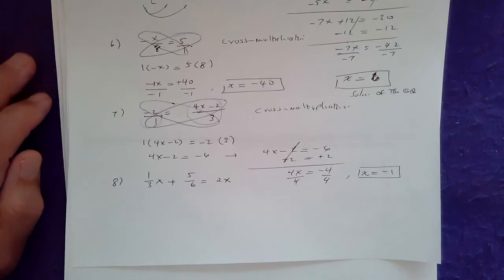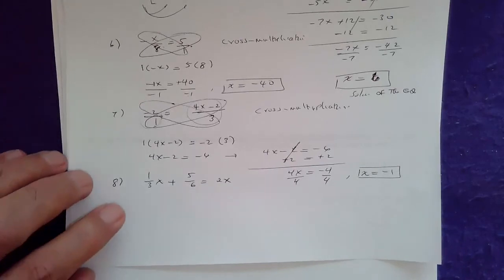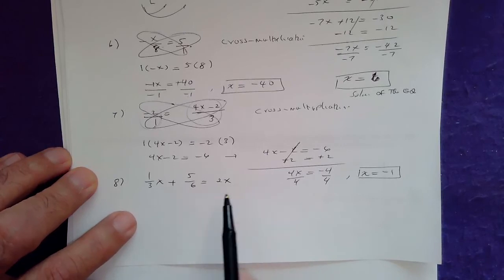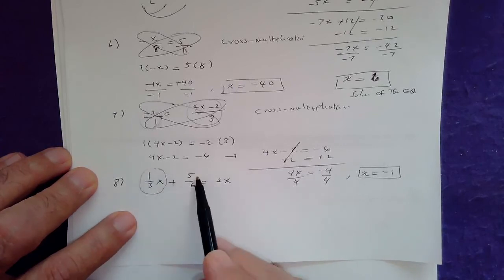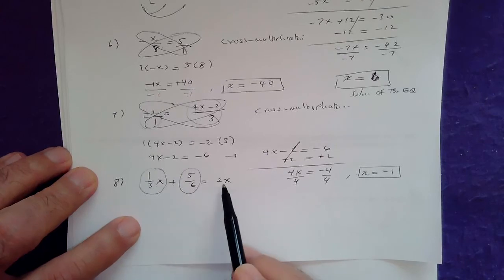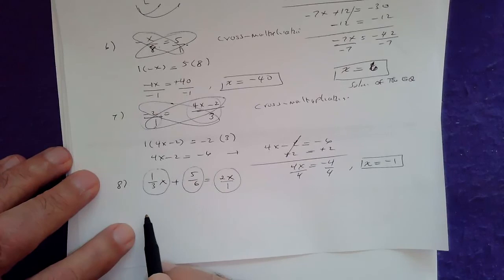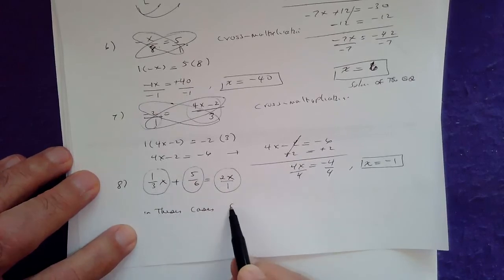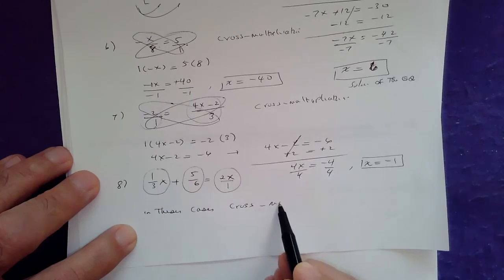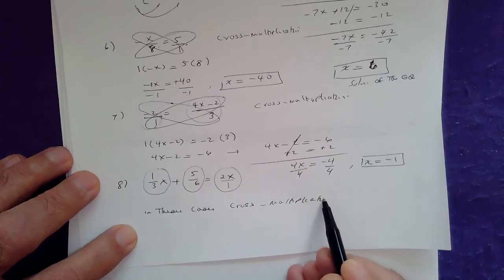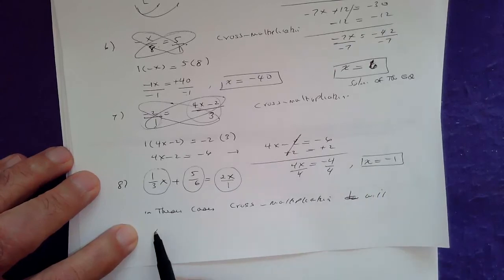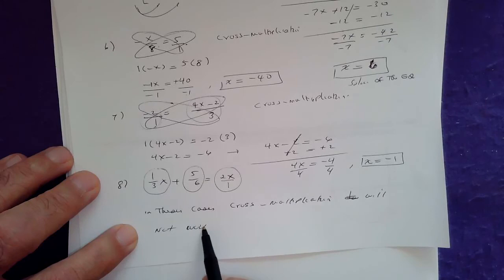There goes the solution. So the question arises, what if we got more than one fraction on either side? Like here, we got 2 fractions on the left, 1 fraction on the right. Do you see it? In these cases, cross multiplication will not work.